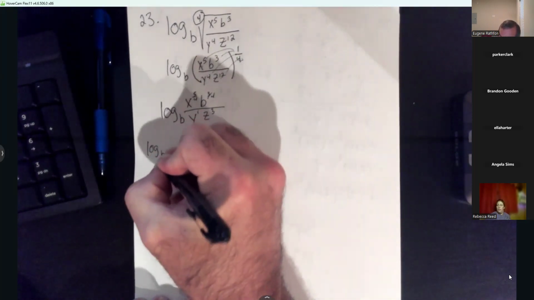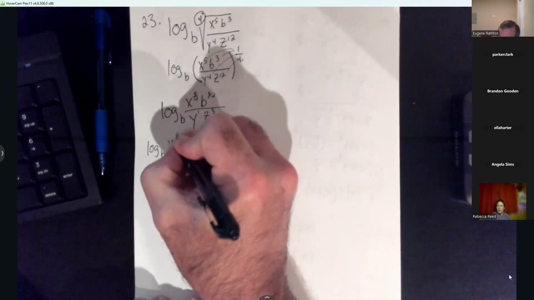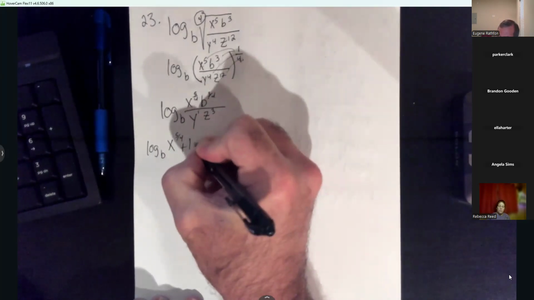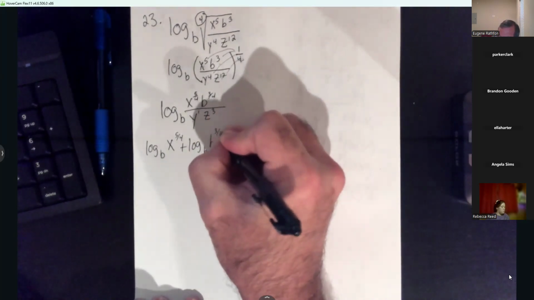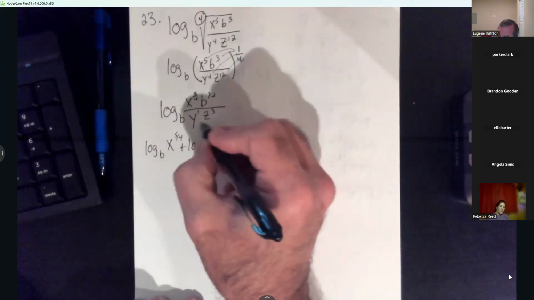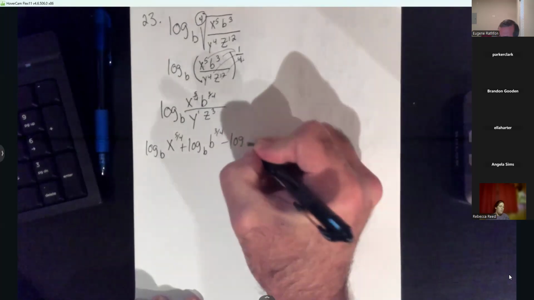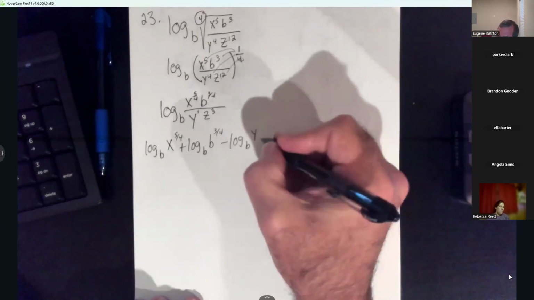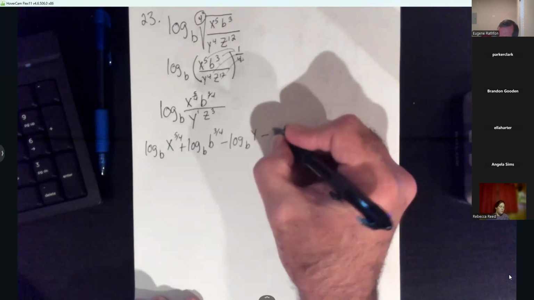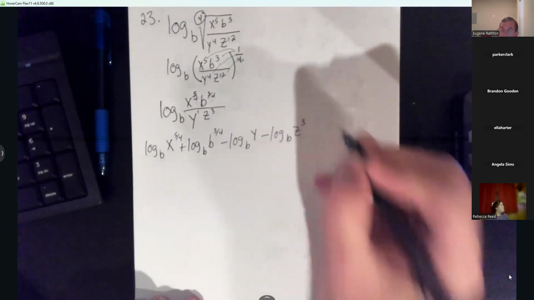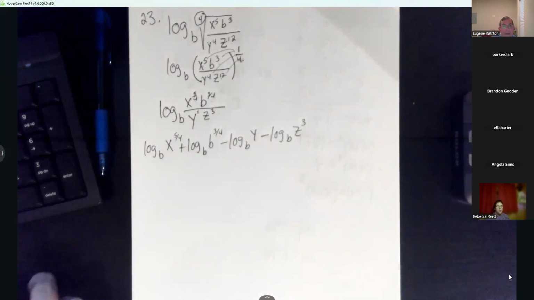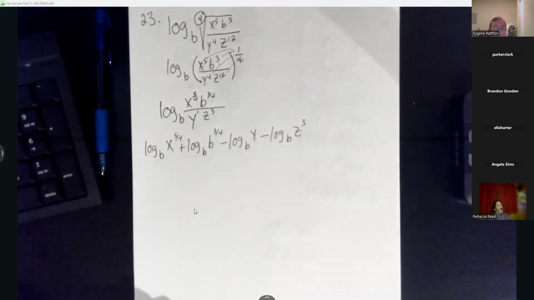So log b of x to the 5/4 plus log b of b to the 3/4 minus, these two are minus now, log b of y, and then minus the log b of z to the 3rd. Okay, so now you're at that point. Well, what's next?